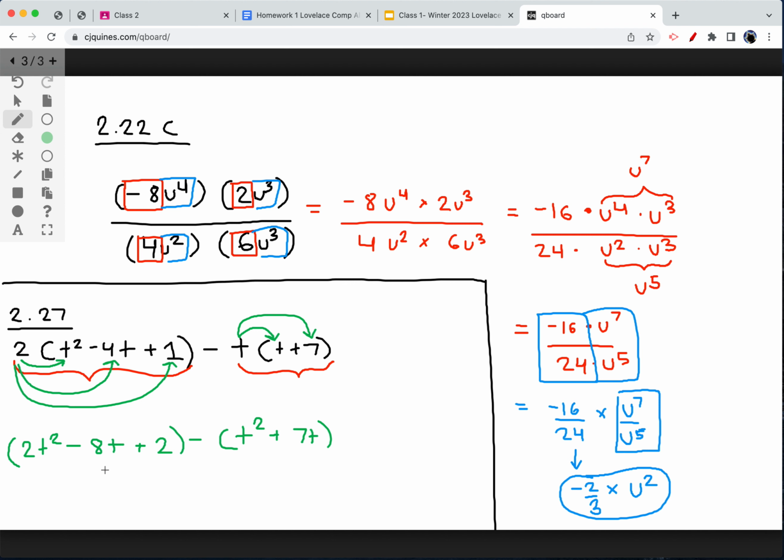So all we have to do now is simplify this expression. So I think you guys should know how to do this. But all we do is we keep this the same, and then we multiply each of these terms by -1. So this times -1 plus this times -1. So that would be minus t squared minus 7t.